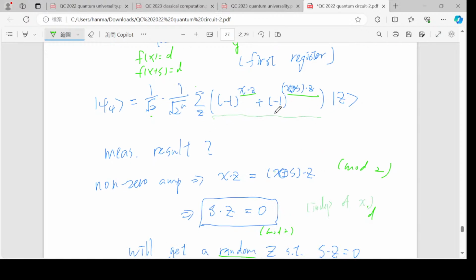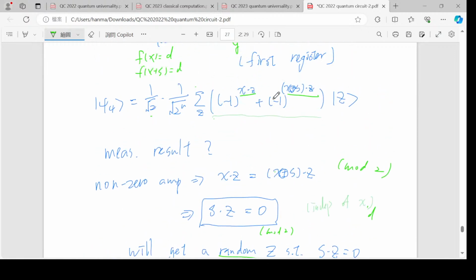Now we are back to a very similar analysis as before. After this we will measure z. So the question is, what is the distribution of this thing over z? We have -1 to the something plus -1 to the something.